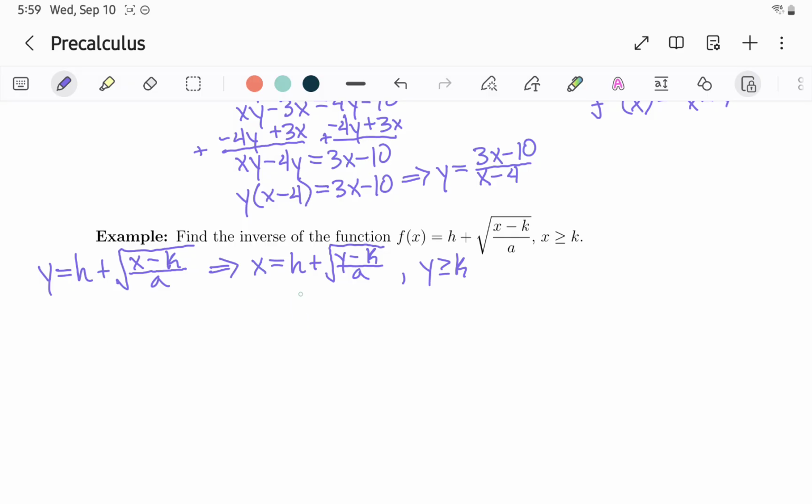Let's hold up and wait to square it, because we will save ourselves some work if we just subtract h from both sides first. So subtracting h from both sides, we're going to have x minus h equals the square root of (y minus k) over a.